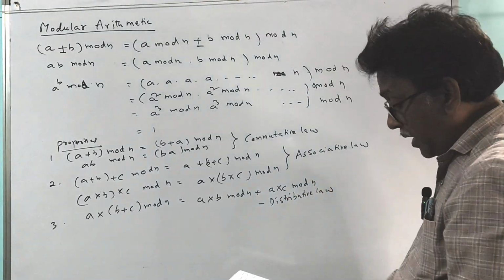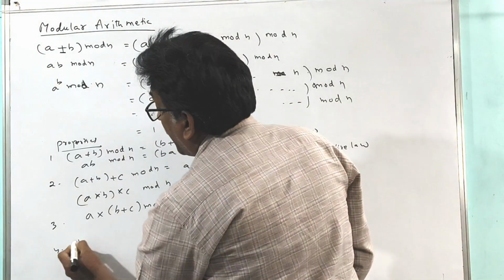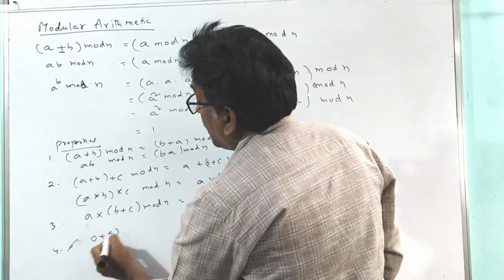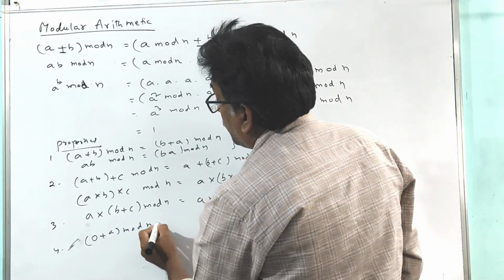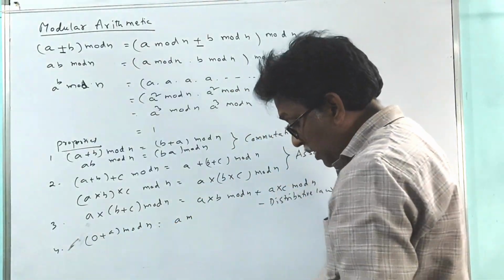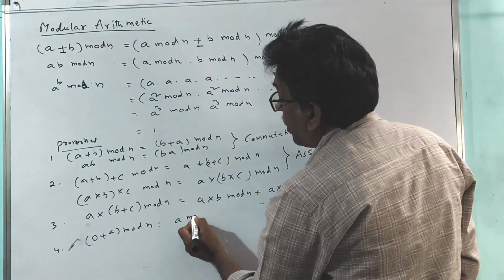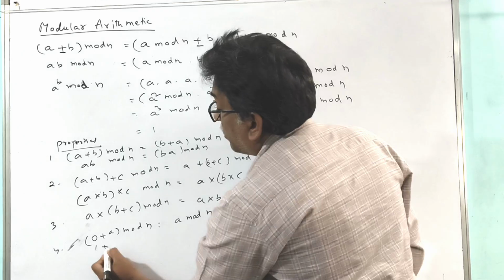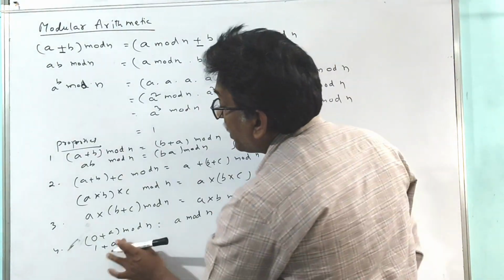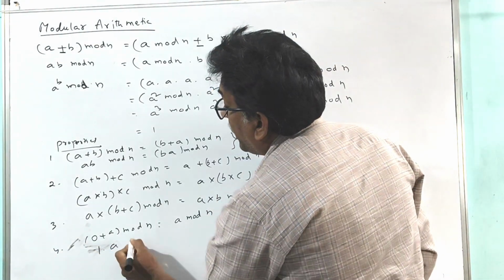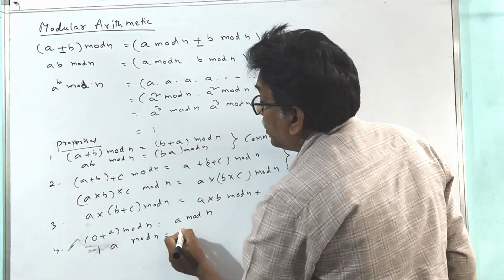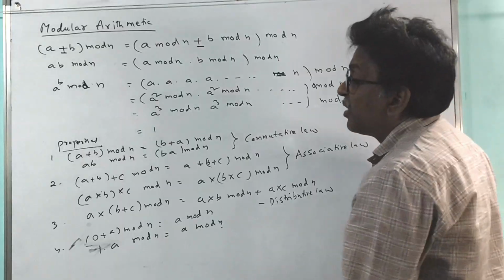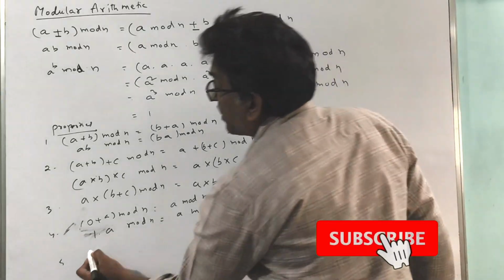Okay, finally, the identity law. So the identity law is 0 plus a mod n equals a mod n, that is, a plus 0 equals a mod n. Okay, this is the identity law, as well as 1 into a mod n equals a mod n. Okay, and another formula is the additive inverse.